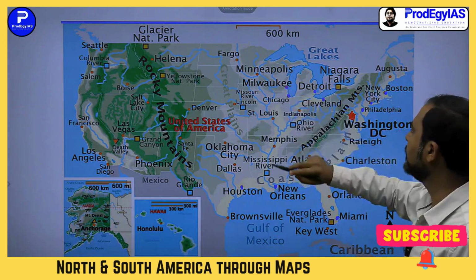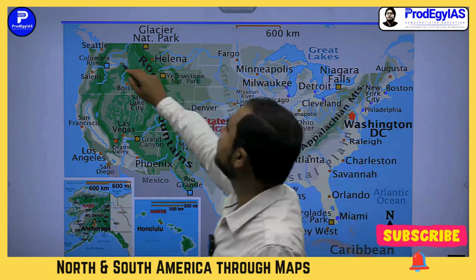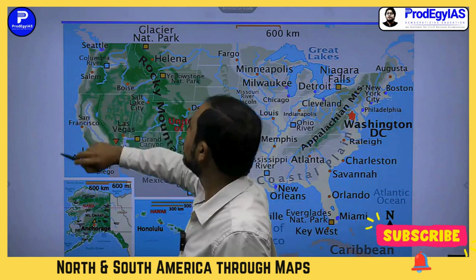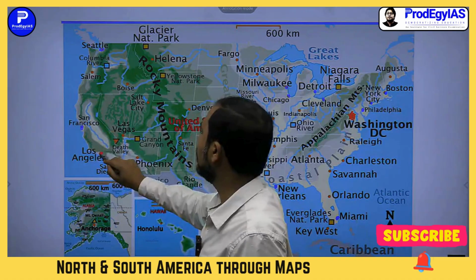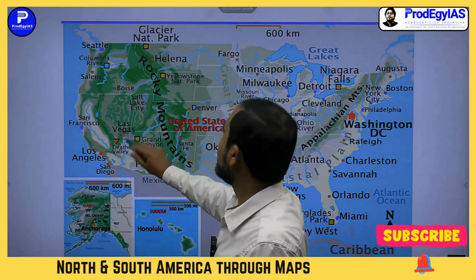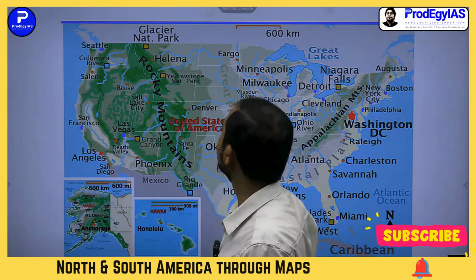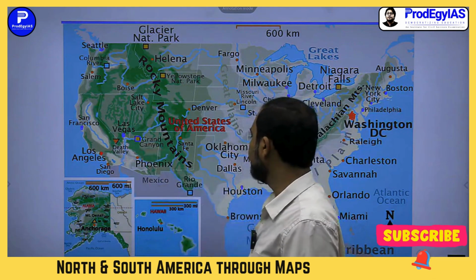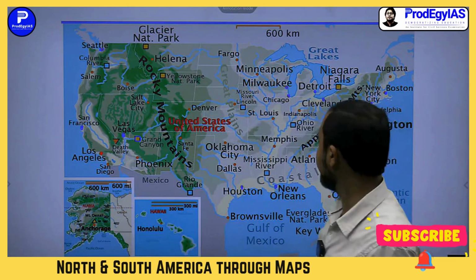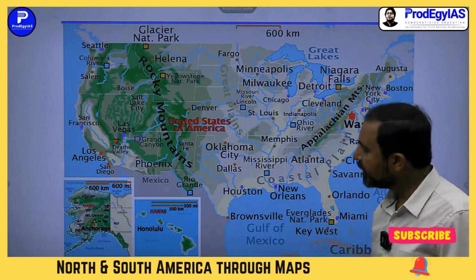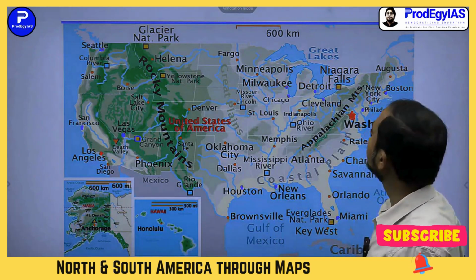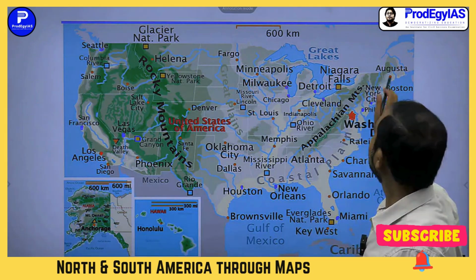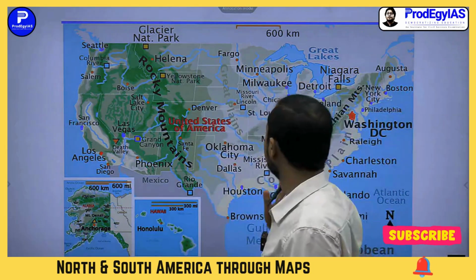Milwaukee is also an important city. Here, Seattle, San Francisco, Los Angeles. Here, Las Vegas. Grand Canyon is also an important feature. Death Valley also. Okay, we'll be coming to them. Like these are the important cities.